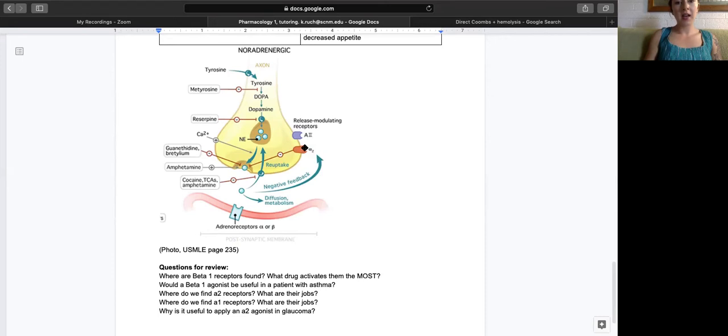Some feeds back to alpha-2, and alpha-2 says, hey, stop releasing that, there's too much. So alpha-2 is sympatholytic in nature. The receptor for alpha-2 wants to decrease sympathetic output by negative feedback, whereas alpha-1, beta-1, and beta-2 are all on the postsynaptic membrane.